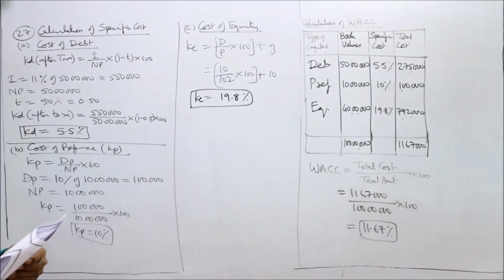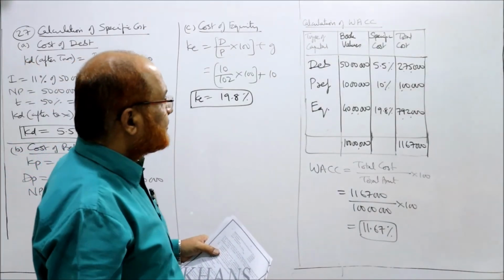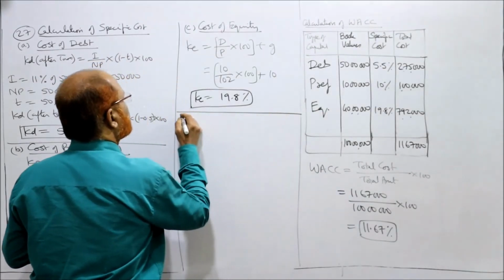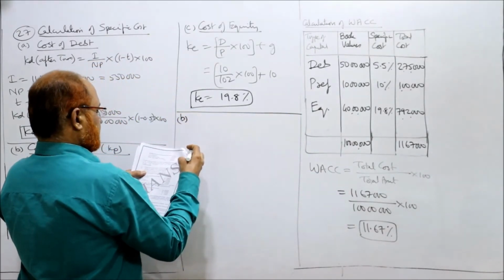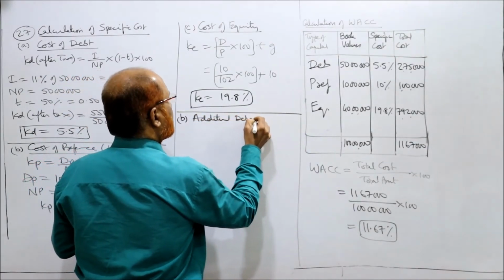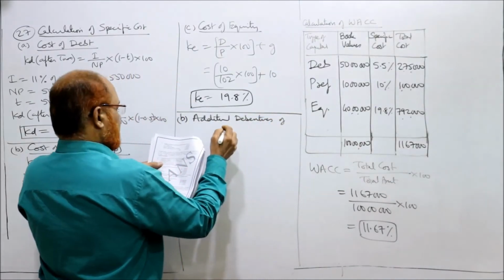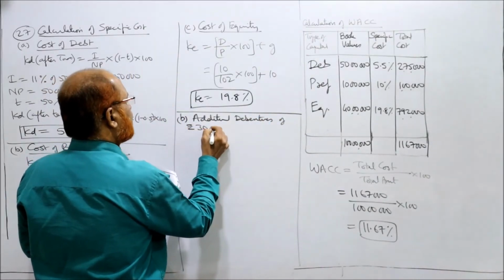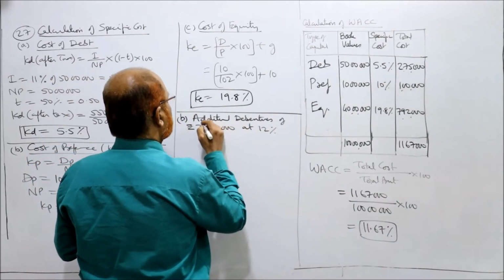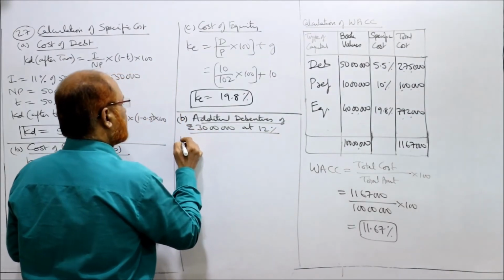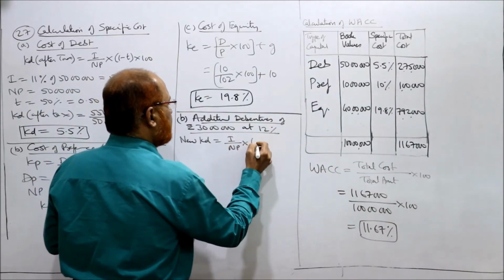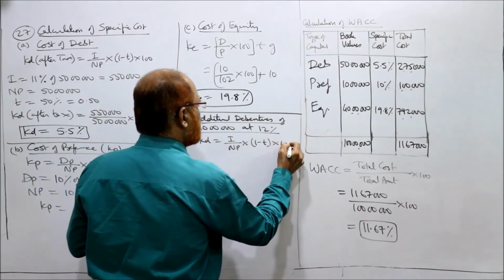Changes. If the company issues additional debentures of rupees 30 lakh at 12%. New KD is equal to I by NP into 1 minus T into 100.